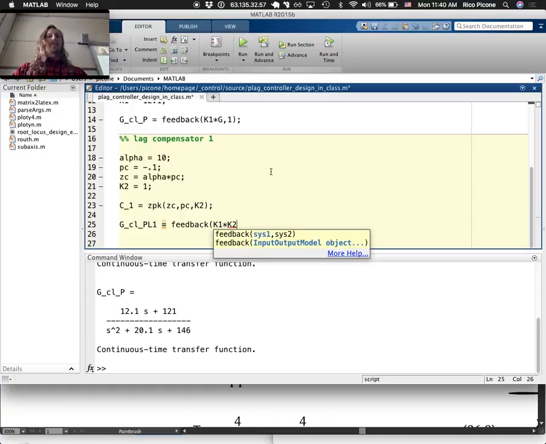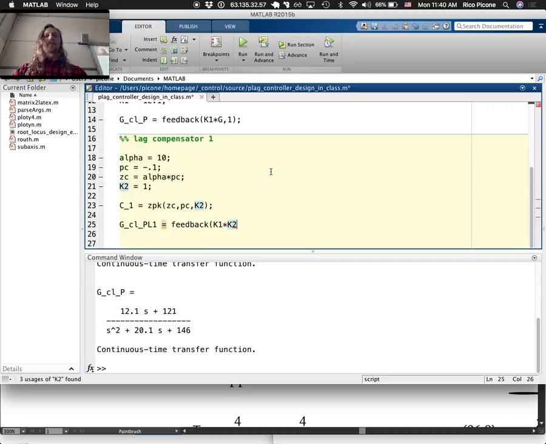I like to explicitly put K2 in, so I'm just going to do that. So C1 times, and then you have to make sure you have the plant in there again. Unity feedback, so there's the same feedback loop except we have a compensator in there now.